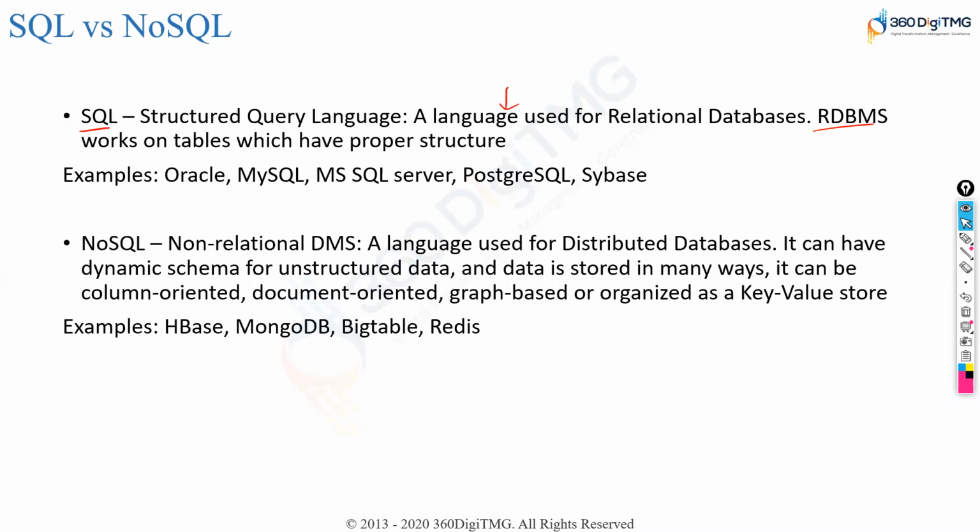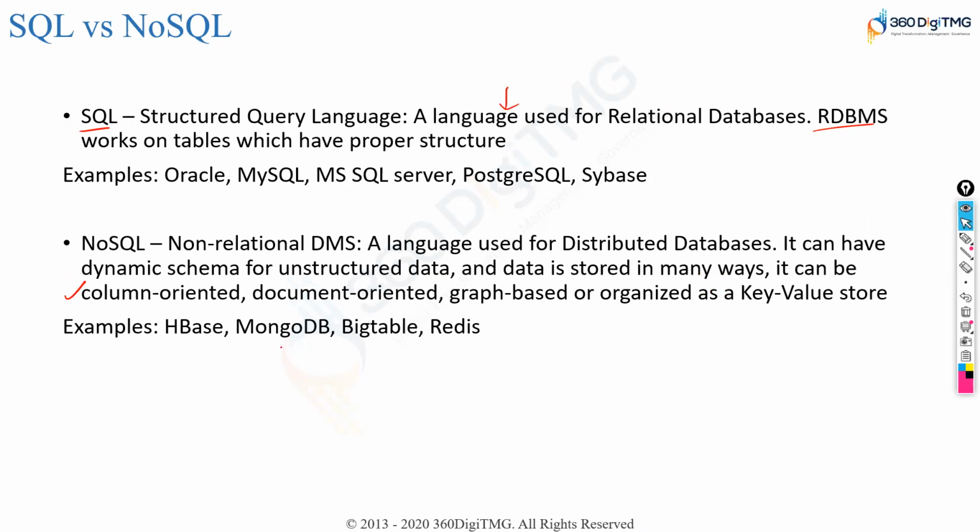It basically allows us to add the schema, that means schema is dynamic here, right? And NoSQL databases can be column oriented, like our HBase. We can have document oriented, graph based, or simply key and value pair storage.